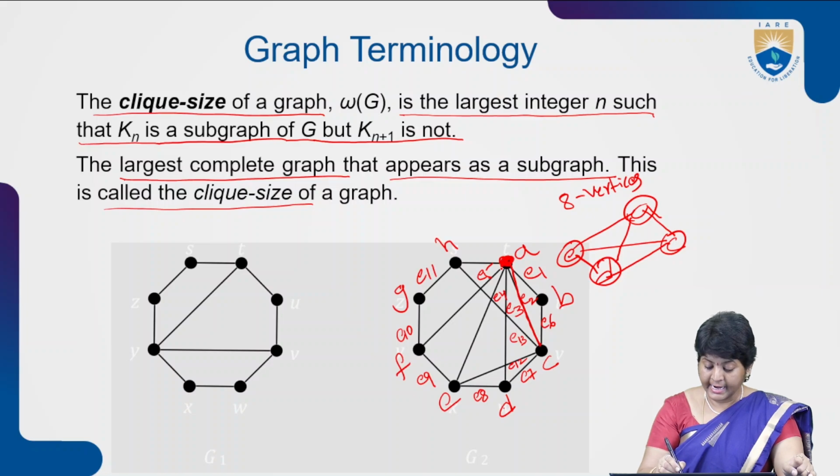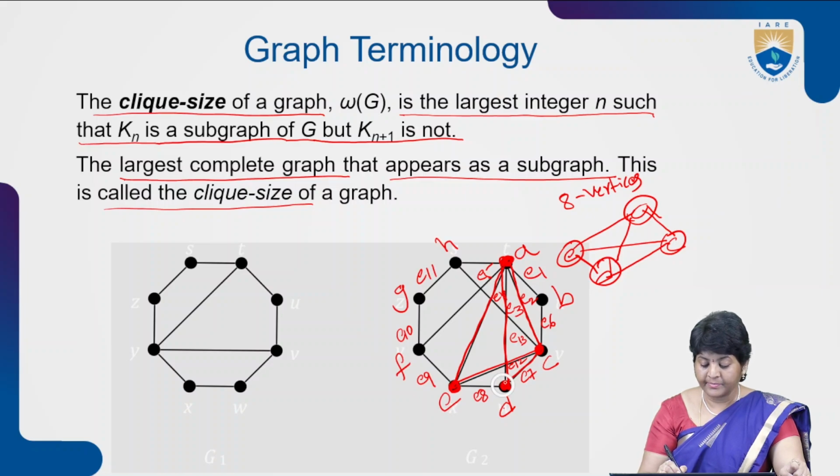Next A to D, next A to E. Similarly, A is connected to C, D, E. Similarly, we need to check C also needs to be connected to A, D, E. So now C is connected to D, C is connected to E, and next we need to check even D needs to connect with A, C, E.